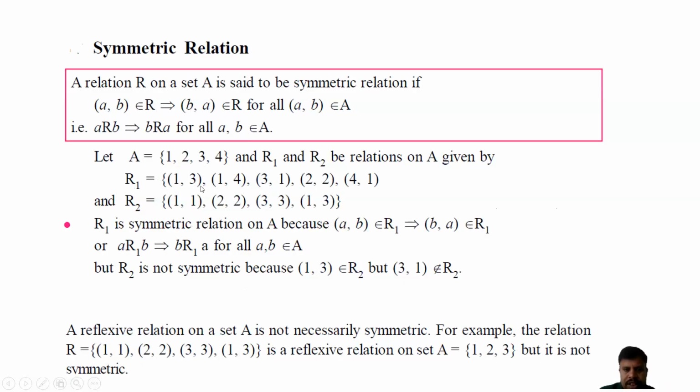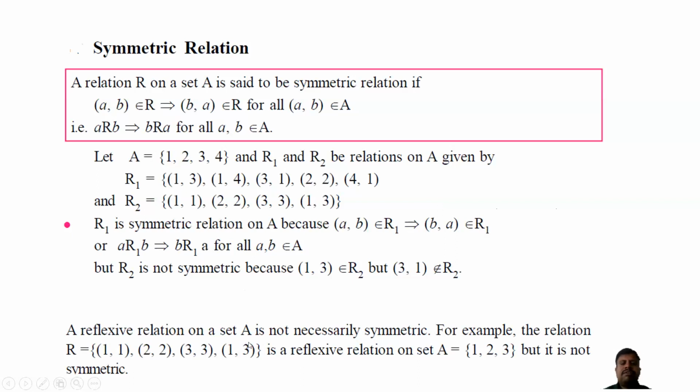Because (1,3) is there and (3,1) is there, (1,4) is there and (4,1) is there, and (2,2) is its own reverse. So R1 is symmetric. But in R2, (1,3) is present but (3,1) is not present. That's why R2 is not symmetric, while R1 is symmetric.